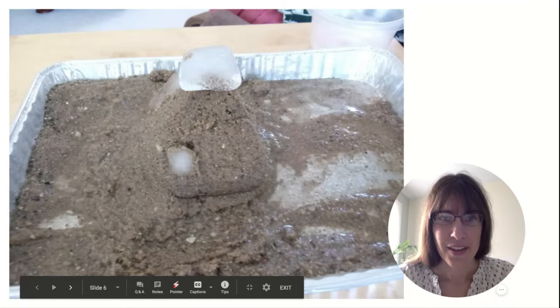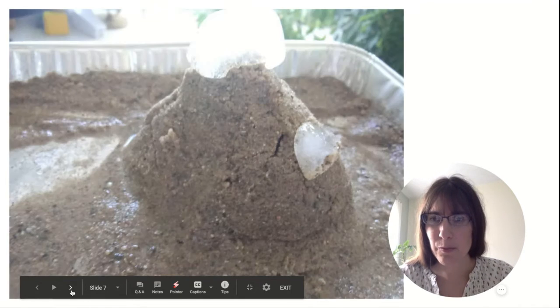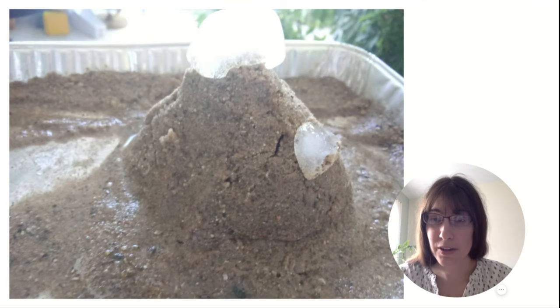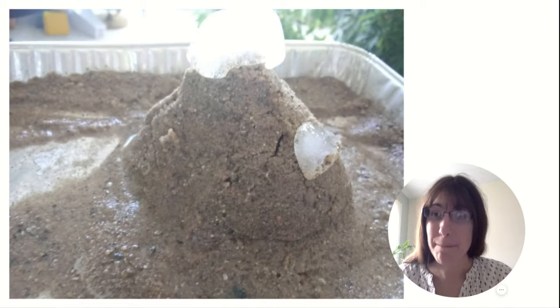All right, here's the next one. It kind of looks like right here, maybe the land changed a little bit. Is the land changing in these pictures the same way it did when the water went onto our mountain? It's not, is it? This is slower. It's not as big of a difference that we're noticing, right? But it is still changing.